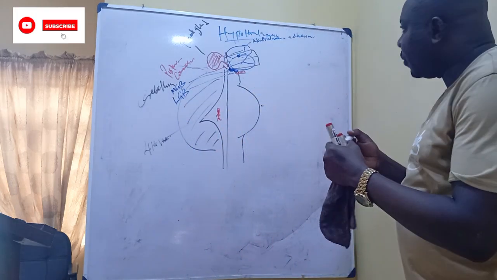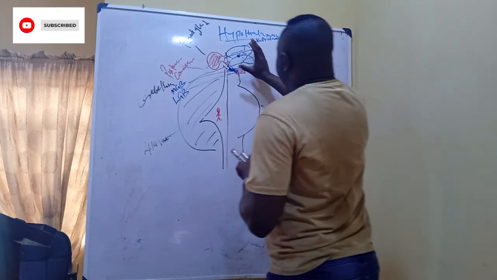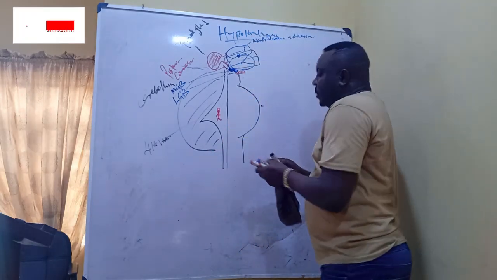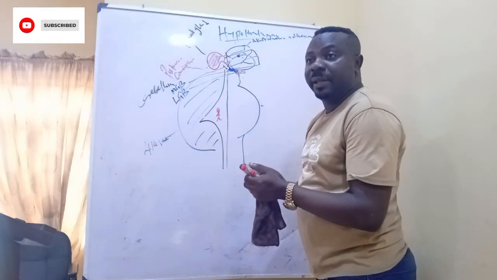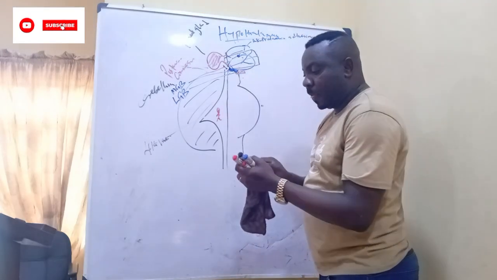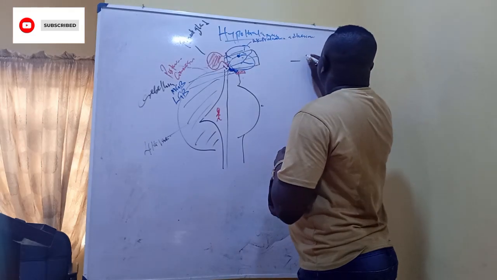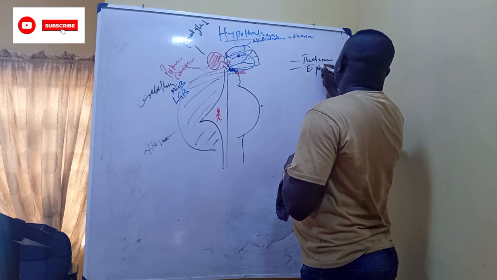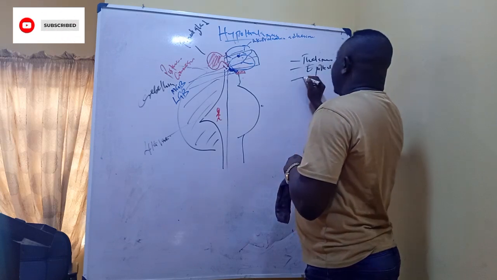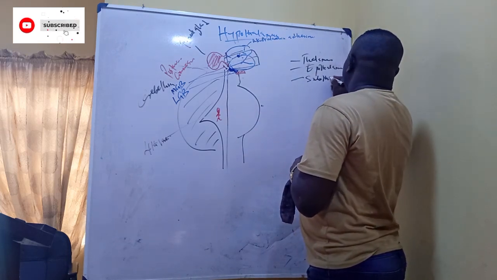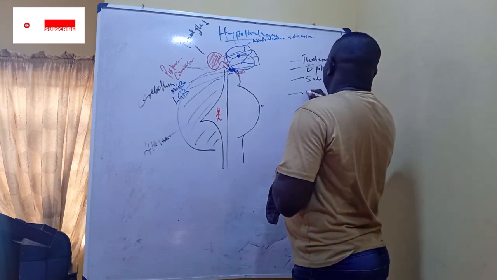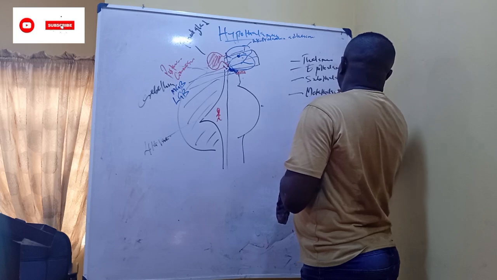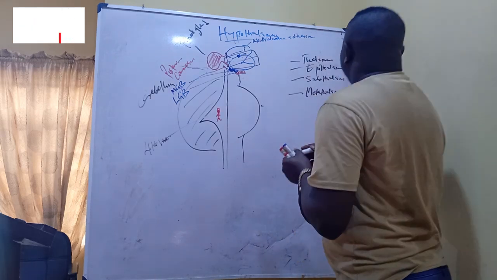From this diagram, I have succeeded in mentioning how many structures in the diencephalon? Four. Name them. The thalamus, the epithalamus, the subthalamus, and the metathalamus.